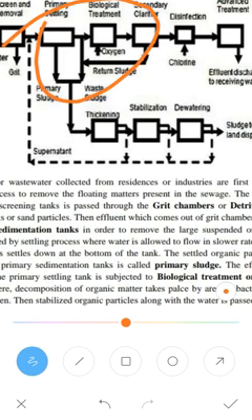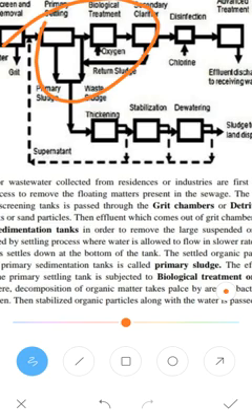The effluent which comes out from the primary settling tanks is subjected to the biological treatment or secondary treatment, where the decomposition of the organic matter takes place by the aerobic bacteria with the supply of oxygen. Then the stabilized organic particles along with the water are passed through the secondary clarifier, where these stabilized organic solids settle at the bottom of the tank.